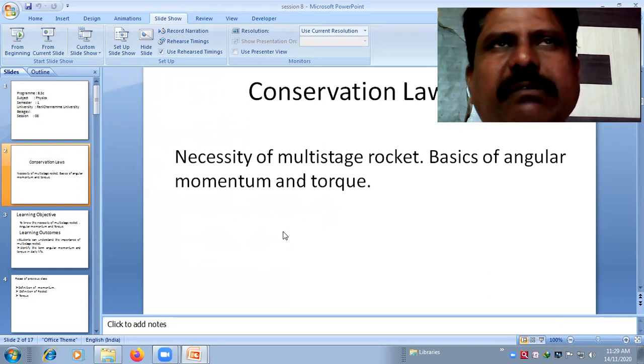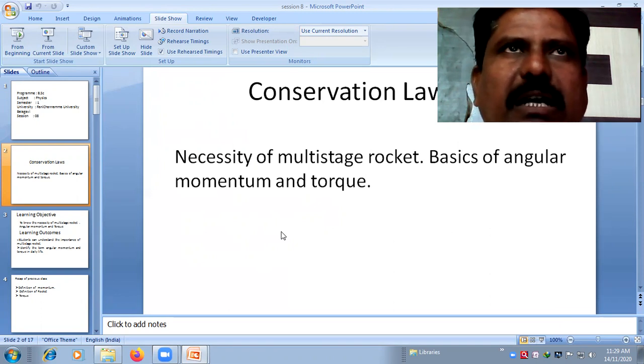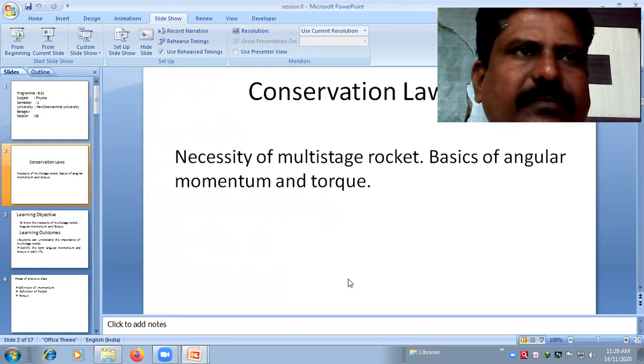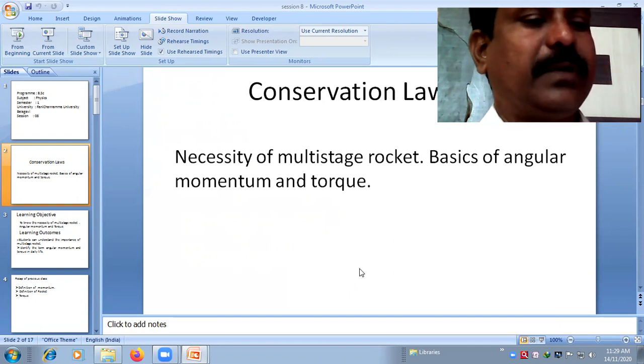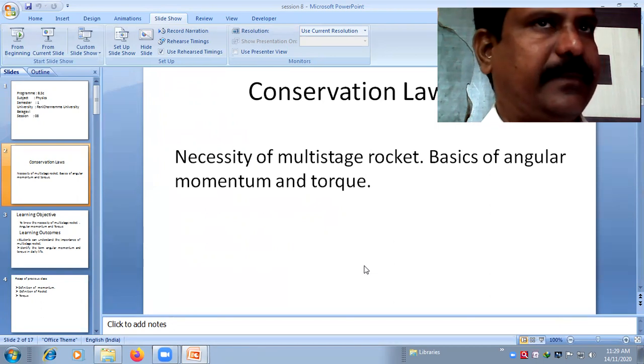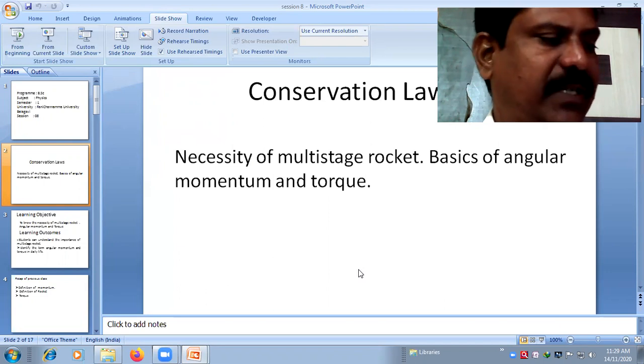So what is the purpose of increasing the engine stages inside your rocket? The purpose of adding an engine inside a rocket is to increase the velocity of the rocket.